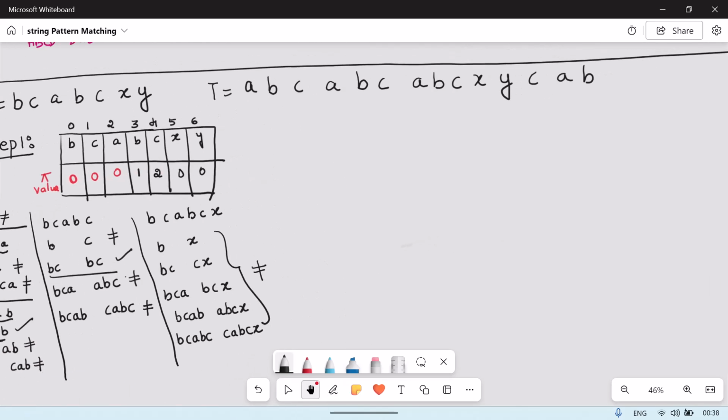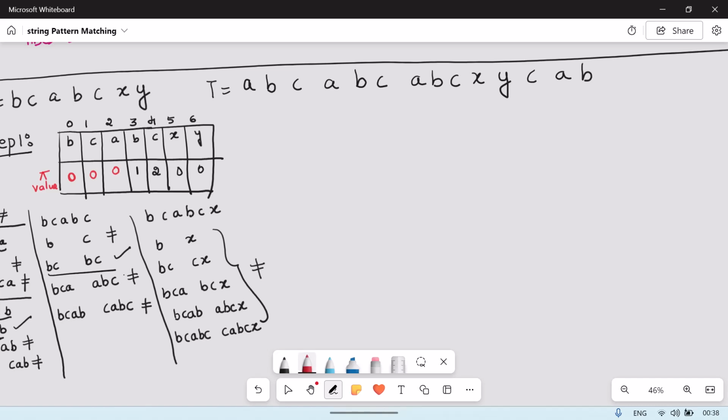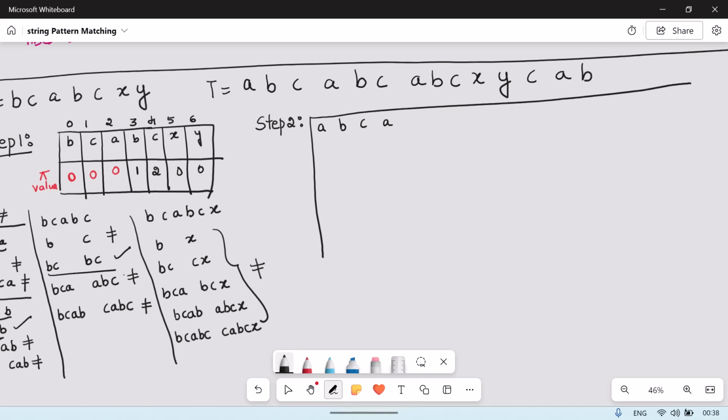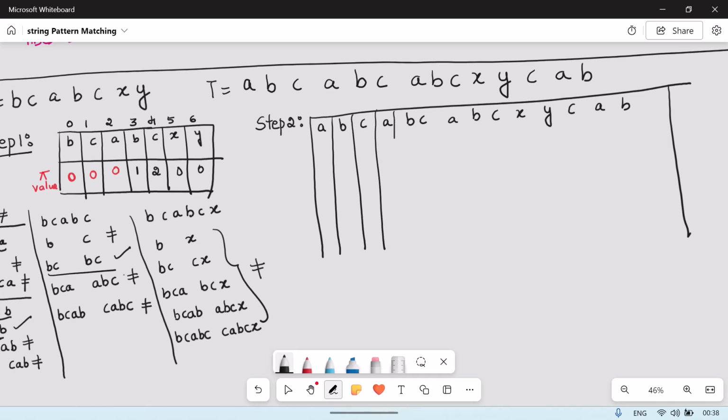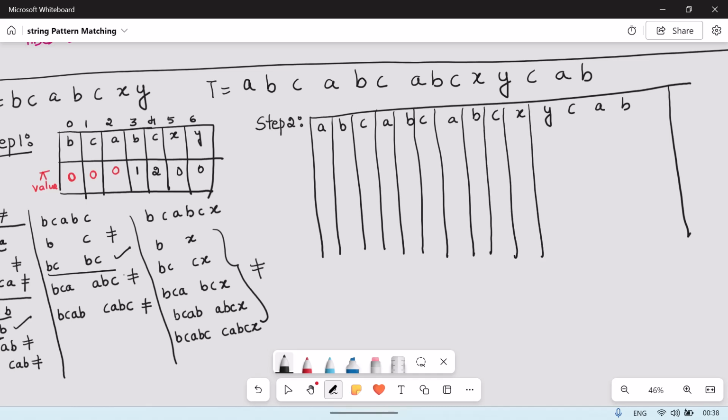Now you know what to do. Construct the table, check the pattern. So step 2 now: draw the table. In the exam also you draw it neatly. So A, B, C, A, B, C, A, B, C, X, Y, C, A, B. Lines are not so straight, but I hope you get the point.